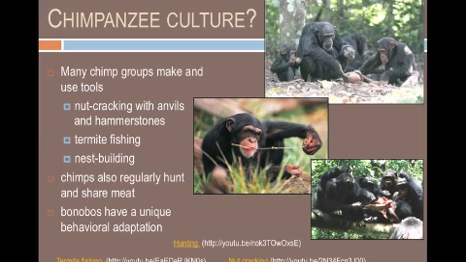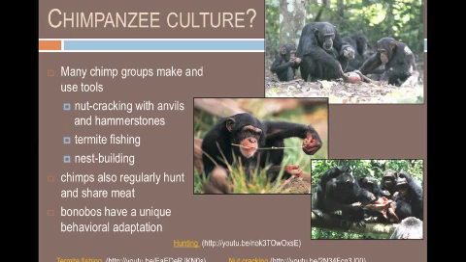Now, if we look at chimpanzees and bonobos, who are our closest living relatives, we see that their behavior has a lot of cultural elements. Many chimpanzee groups make and use tools. They crack nuts open with stones, which you can see represented in the top right corner here.